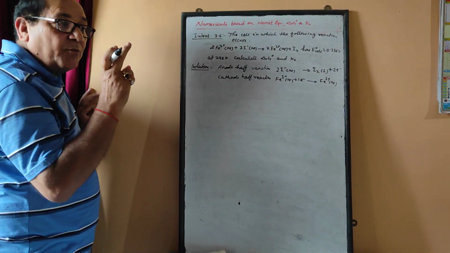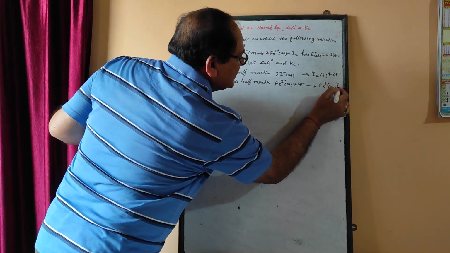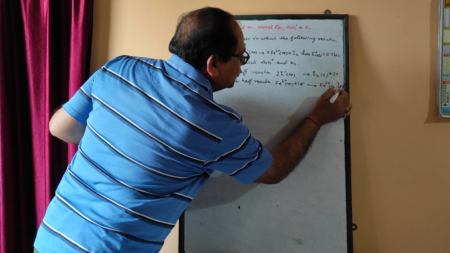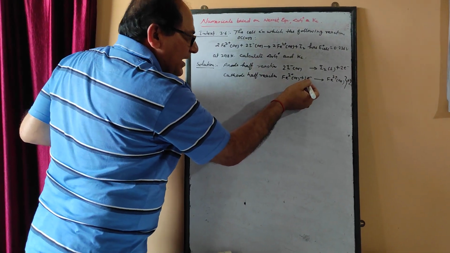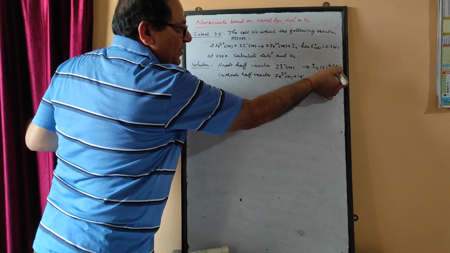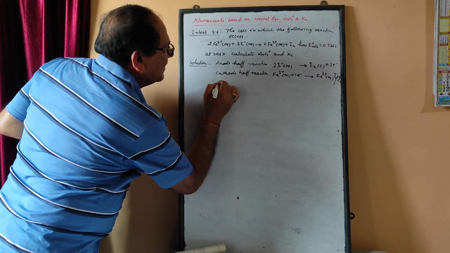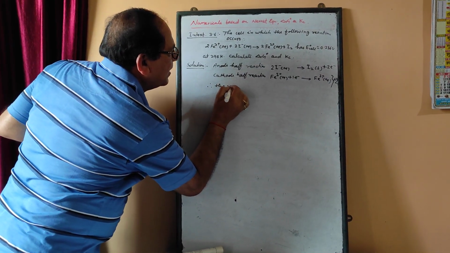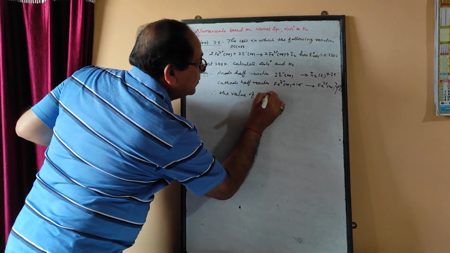So what will be the value of n? Actually, if you write the cell reaction, naturally this reaction should be multiplied by 2. Now the number of electrons in the cathode reaction will be 2 and in the anode reaction will be 2, and both electrons will be cancelled out. Therefore, the value of n is equal to 2 here.